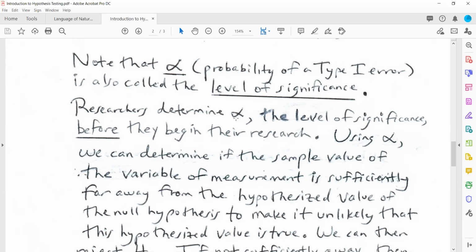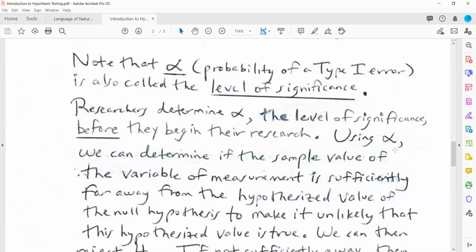Basically they're saying we'll accept a 5% type 1 error. In other words, 5% of the time when they reject the null hypothesis they're making a mistake, which means 95% of the time they're not. So they're going to say, yeah, I'll accept a 5% or less level of significance.